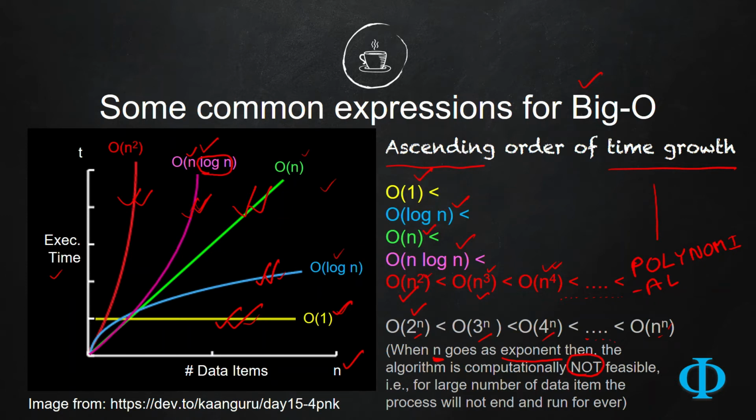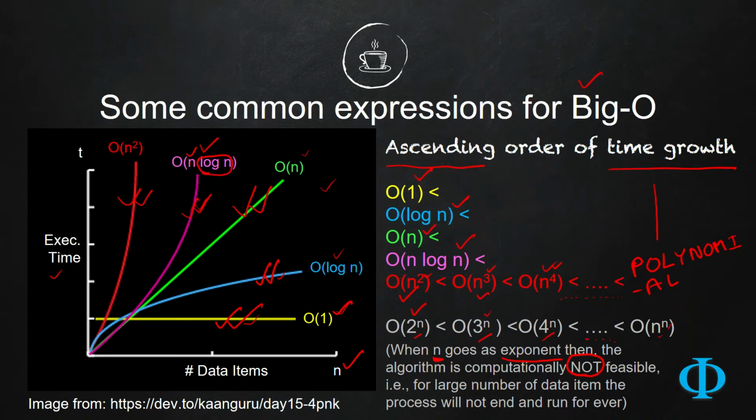Why? Because for a large number of data items, the process will not end at all. The execution time grows so fast with the number of data items in these cases that the process will not end when the number of data items grows appreciably.